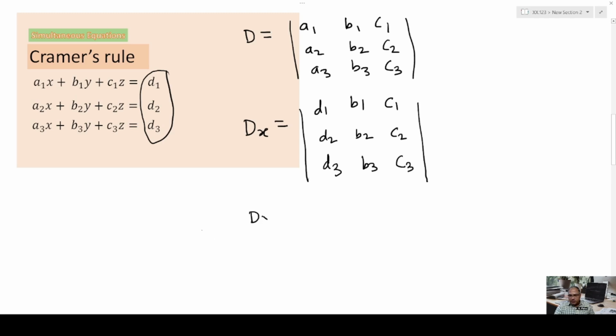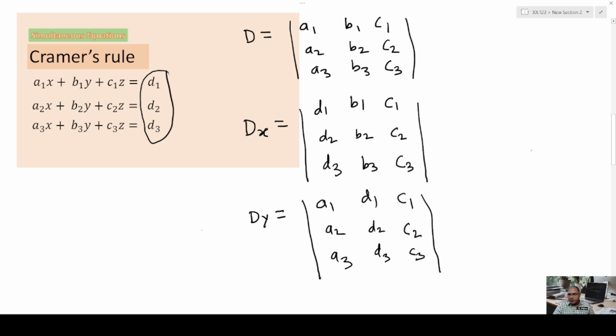Similarly, we get dy. Dy is nothing but, now the first column remains the same, a1, a2, a3. Now we change the second column. We replace the second column by d1, d2 and d3, whereas the third column remains the same.